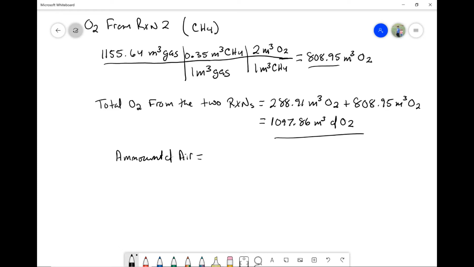If we weren't dealing with excess, it would just be 1097.86 cubic meters of O2 divided by 0.21. And this equals 5227.9.